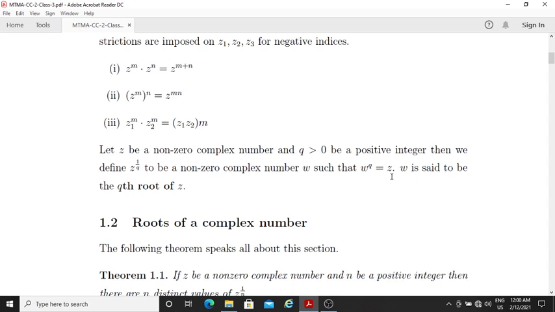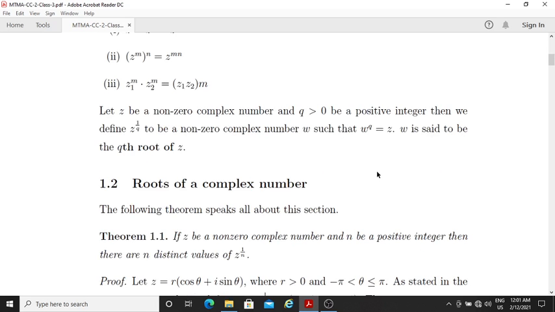Similarly, w is a number such that if you raise the power q to it, you will get z. Now, w is called the qth root of z. This is exactly the topic of our discussion: the nth roots of complex numbers. How do they look?